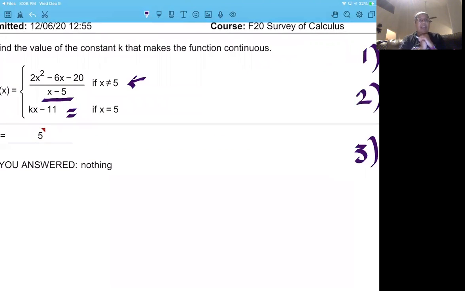What's going to happen is it's going to create a line and there's going to be a hole. What needs to happen is the point that comes from here needs to fill in that hole. So we want to choose K so that it fills in that hole. That will make it continuous.